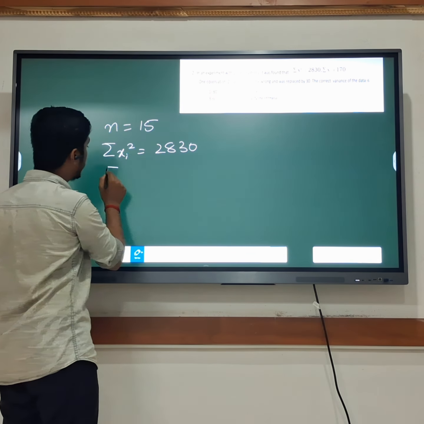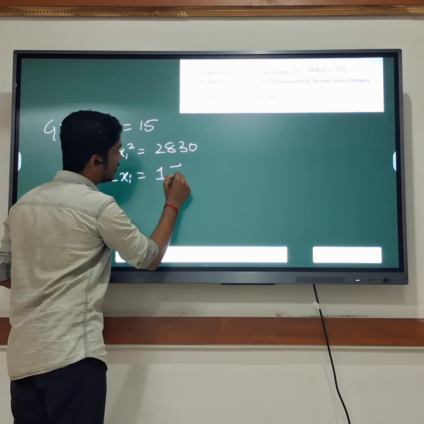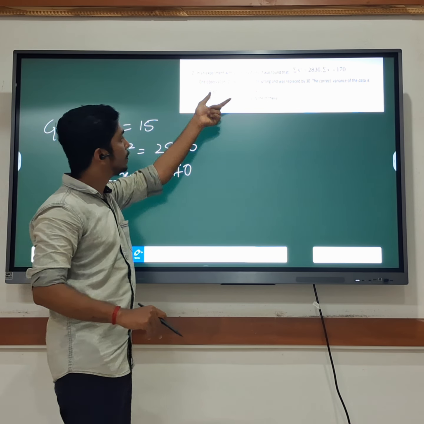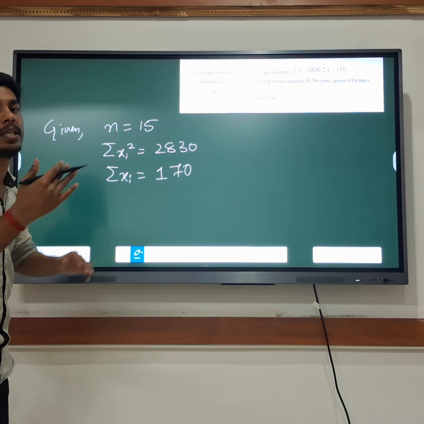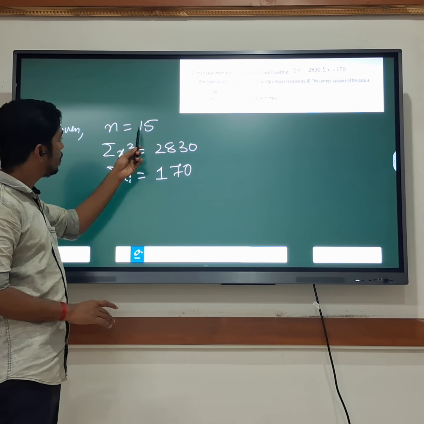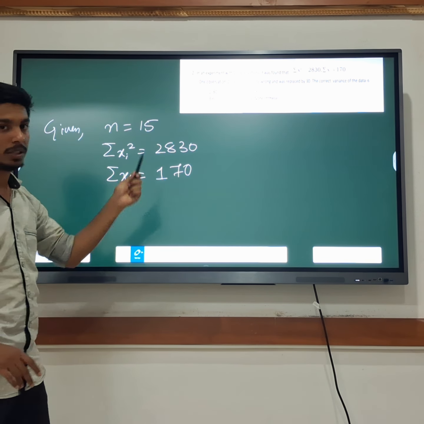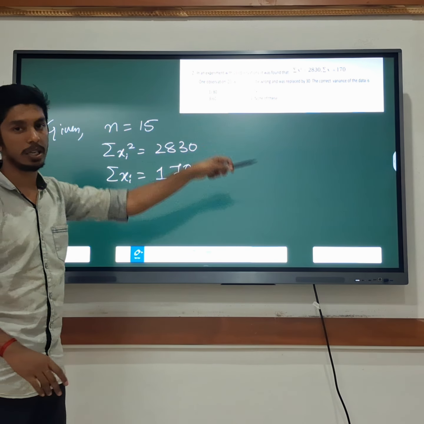Then summation xi they gave as 170. Now see, one of the observations, 20, was found wrong and replaced by 30. Means among the 15 observations, one of the observations has the given value 20. It was wrong and replaced by 30.